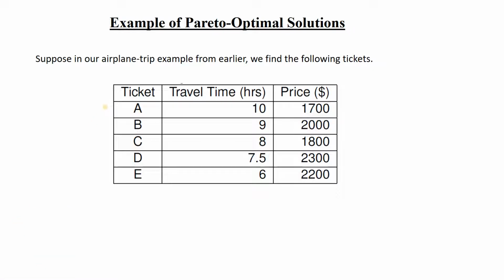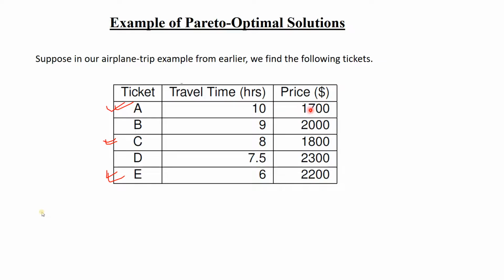So your options may lie between A, C and E. They are called non-dominated because all three have some strength in them. Those options are attractive to different sets of customers.